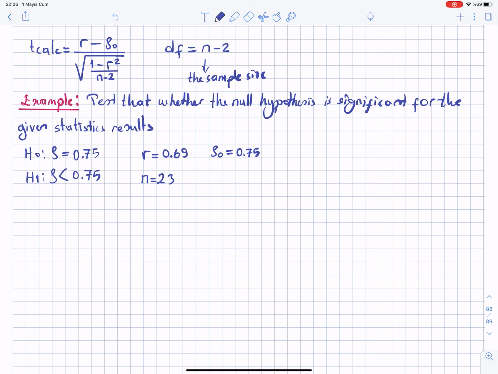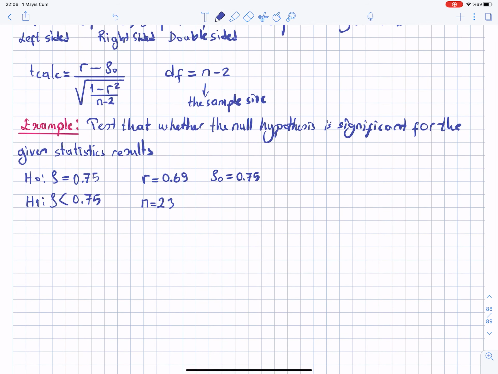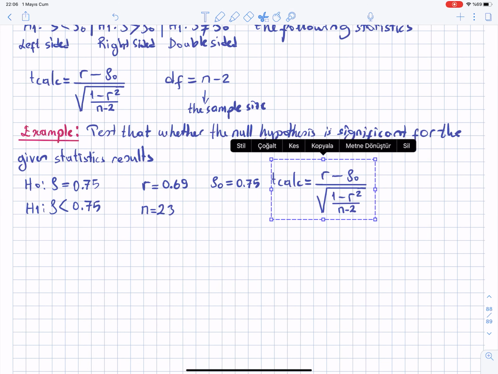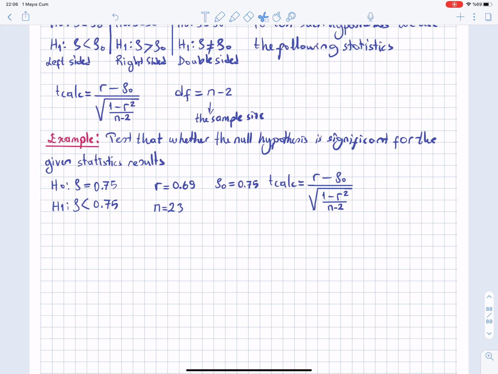I'm going to copy this formula here, down right here. This is the calculated statistic, so I'm going to substitute everything in.